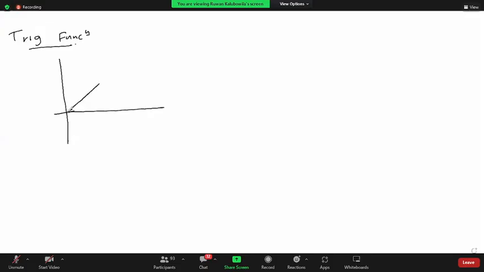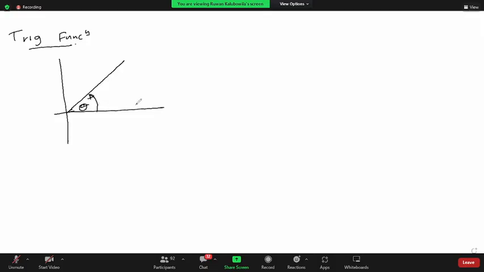First, you have to define, if we are dealing with trigonometry, you should deal with angles. So you have to understand angles and how they behave. So how to define angles?